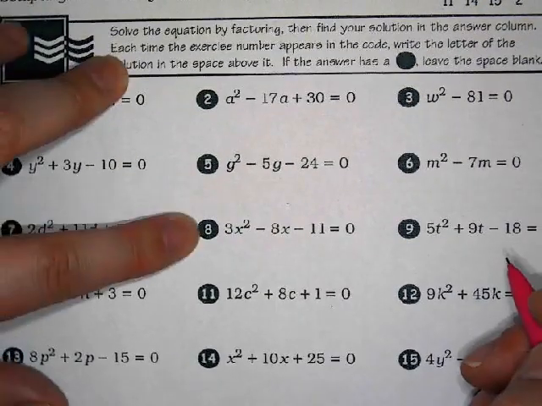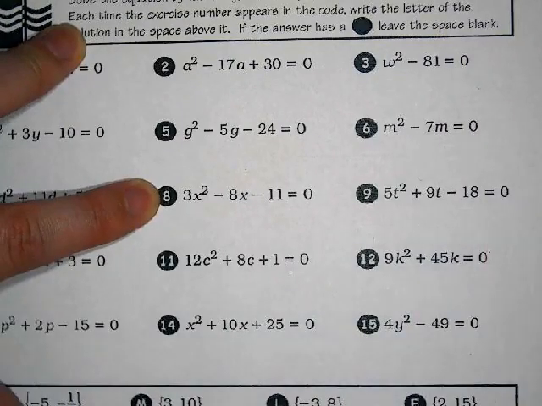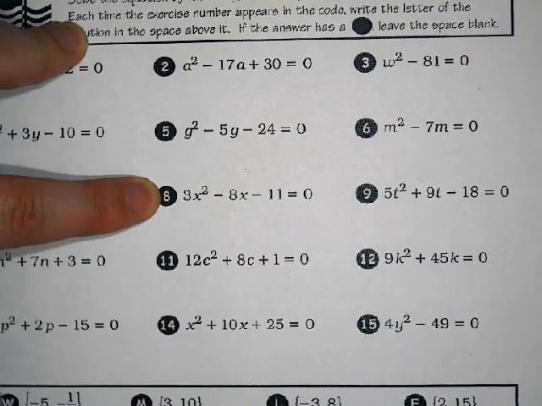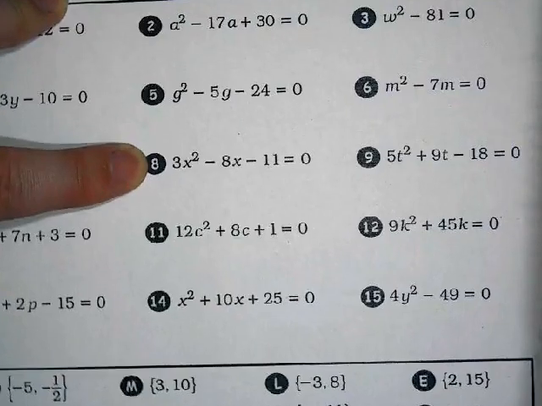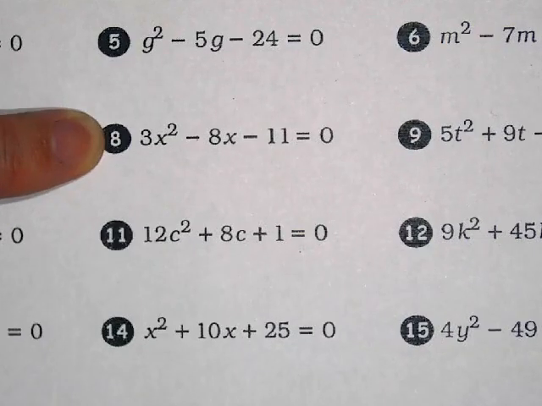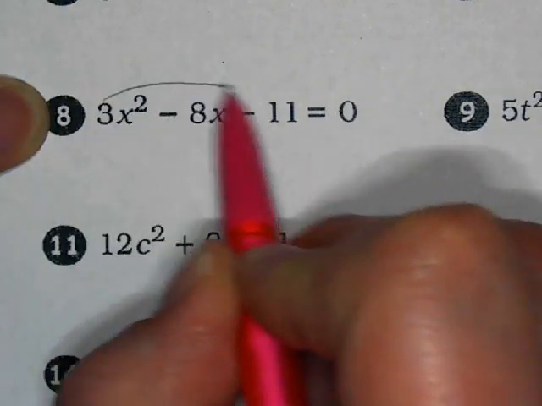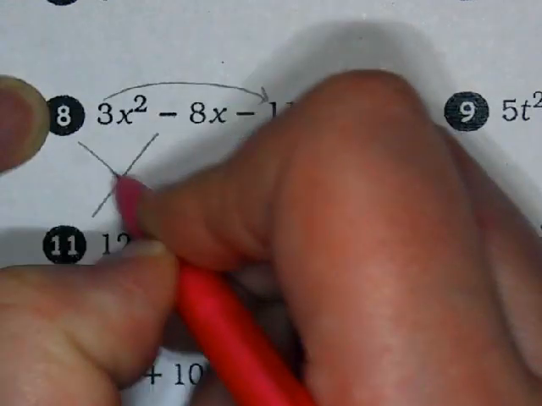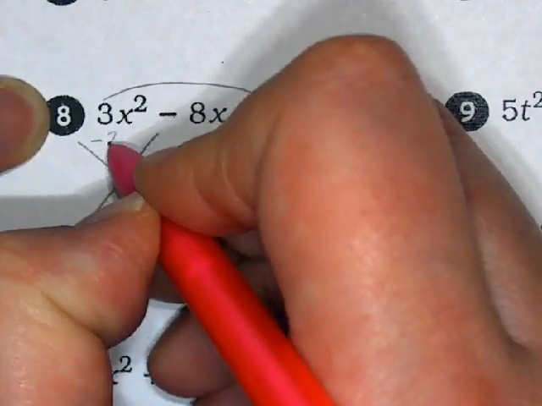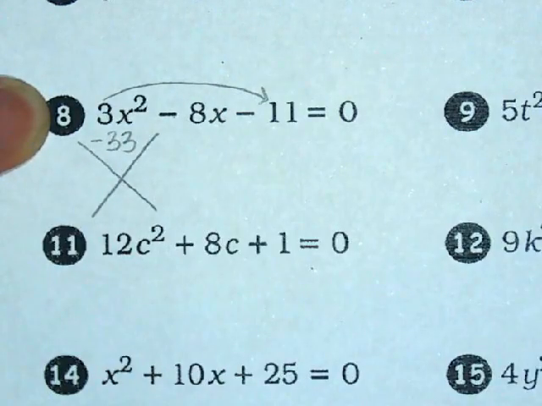Let's do number 8. All right. Starting number 8. What type of factoring problem is number 8? Slide divide. Okay, so what should I do first? 3 times the negative 11. I'm going to slide it over. And what do I get when I slide it over? Negative 33. Is there any other way to get 33 than 3 times 11?